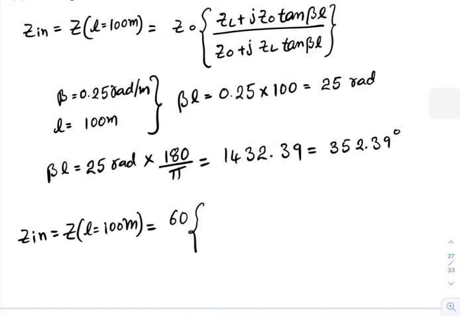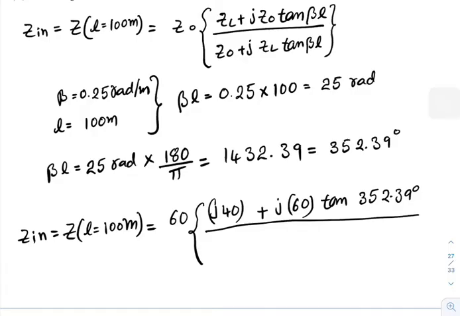Therefore, Zin, the impedance at a distance of 100 meters from the load, equals the characteristic impedance, which is 60 ohm, times ZL, which is j times 40, plus j into ZO, 60 ohm, into tan of 352.39 degrees, divided by ZO, which is 60 ohm, plus j times ZL, that is j times 40 tan of 352.39 degrees.